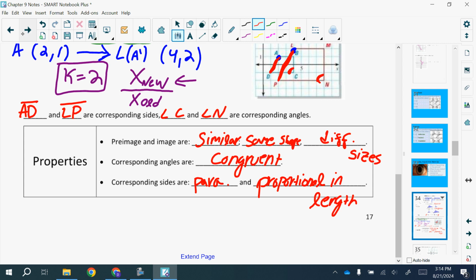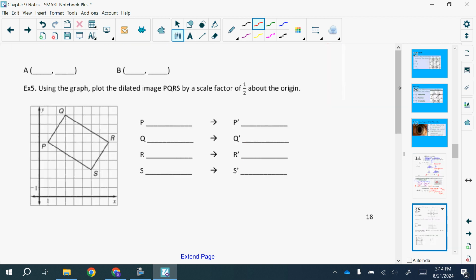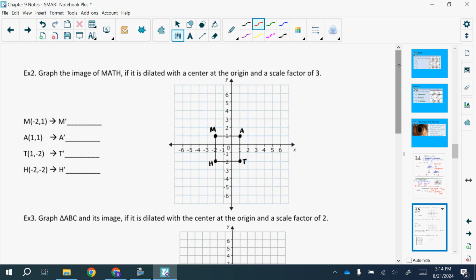Okay, let's look at another example. Graph the image MATH if it is dilated around the origin with a scale factor of 3. So our K is 3. All we do is take all of our ordered pairs, which have already been given to us right here, and multiply the x and y by 3.